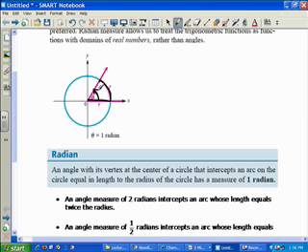Okay, so how far is 1 radian? Well, it's however far it takes to make the distance covered equal to the radius of the circle. A little bit abstract if you haven't had this already, but that's what a radian is defined as being. Okay, so far?